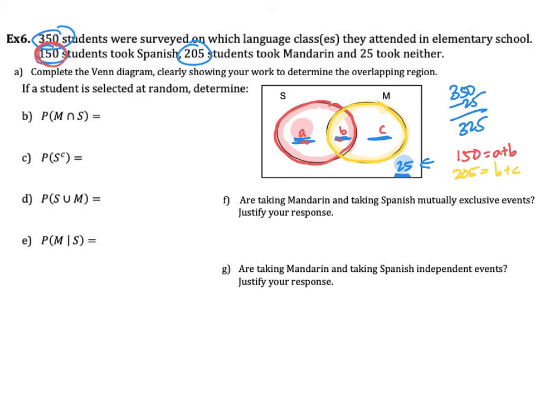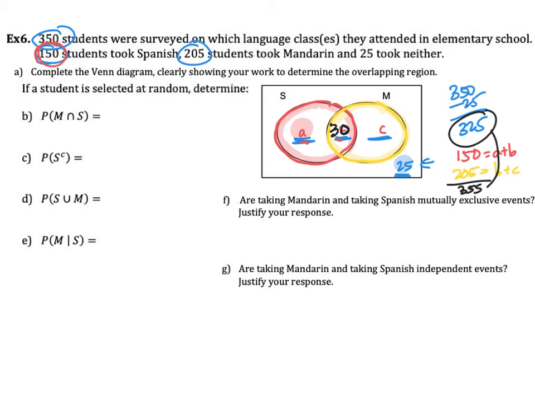Well, 150 plus 205 is 355, but it needs to equal 325. So I have an overlap. How much of an overlap? Hopefully you're saying to yourself, that's 30. So B has to be 30.